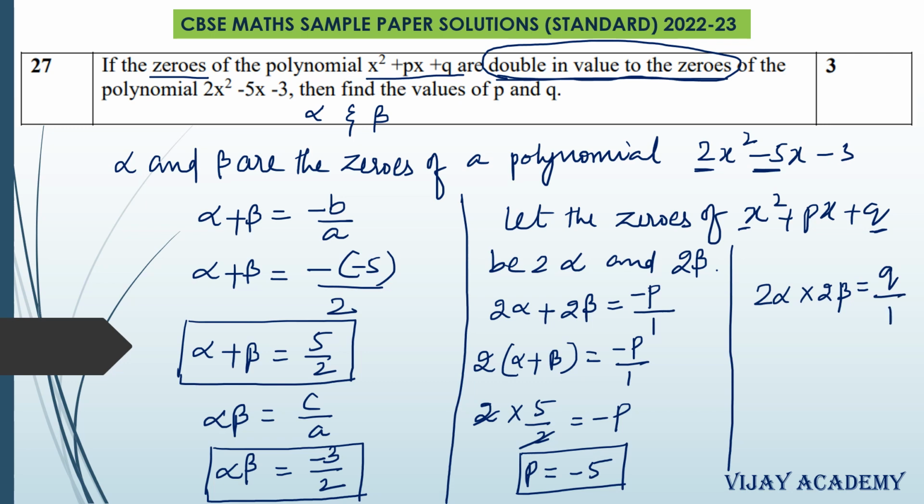Now let me multiply this 2 and 2. 2 into 2 is 4, and alpha into beta, let us replace by minus 3 by 2, that we are getting from the second equation. So 4 times minus 3 by 2 equals q. Simplifying this, 2 ones are 2 and 2 twos are 4. So finally we can write q equals 2 into minus 3, that is minus 6.